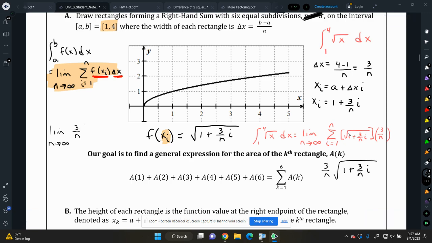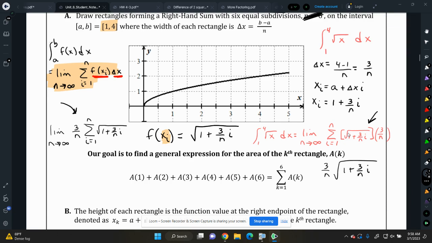We could bring that number outside like that, and then we're looking at 1 plus 3 over n i. So do the summation and then multiply it all by 3 over n. Since each individual term is being multiplied by 3 over n and added together, I could add them all together first and then multiply it all by 3 over n. So you could write it like this. I normally wouldn't even fuss telling you that because you're going to get the same result, but sometimes your multiple choice questions on the AP exam will look like that.